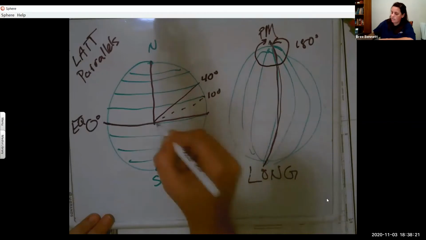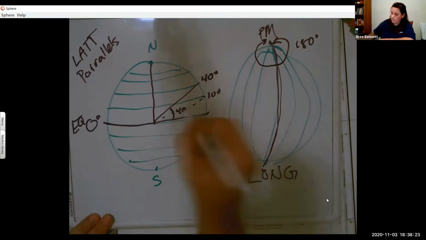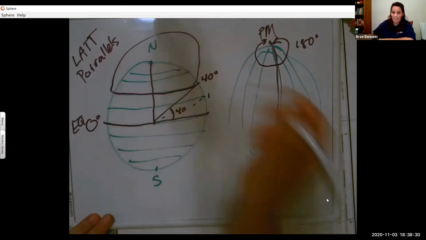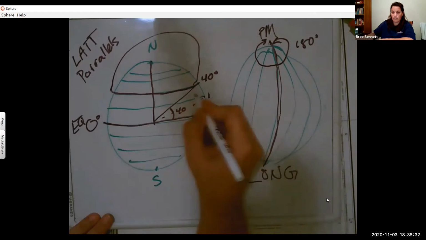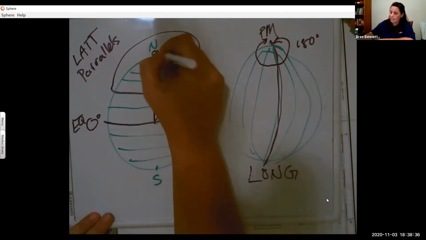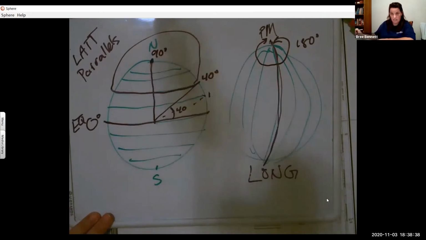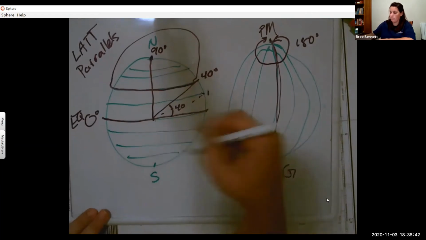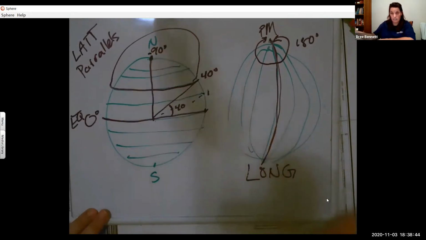So that means it's 40 degrees from the equator, and everything around it, that was a circle, is 40 degrees, right? So if we go all the way to the North Pole, that is 90 degrees. So our maximum scale is going to be 0 to 90 degrees.